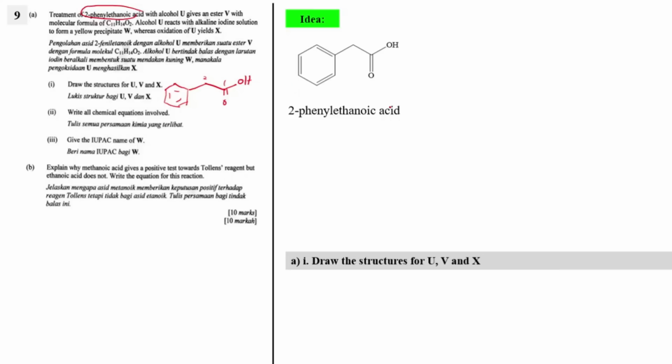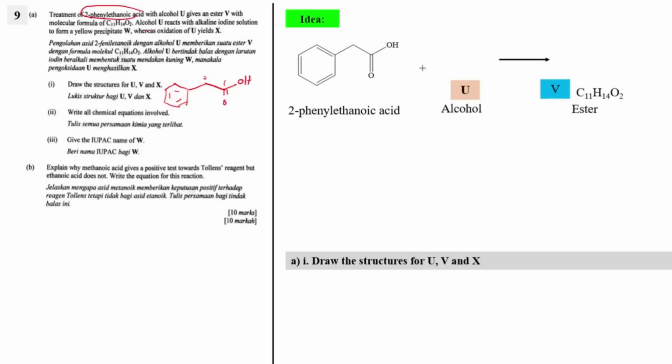And then the reaction of this acid with alcohol U will give an ester V, and this ester V will have the molecular formula of C11H14O2.